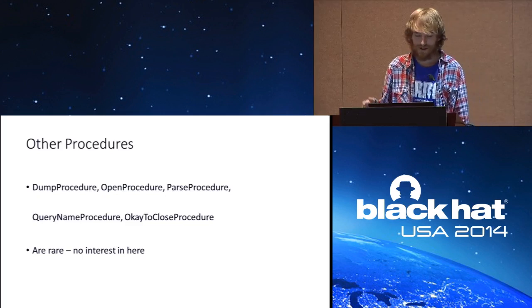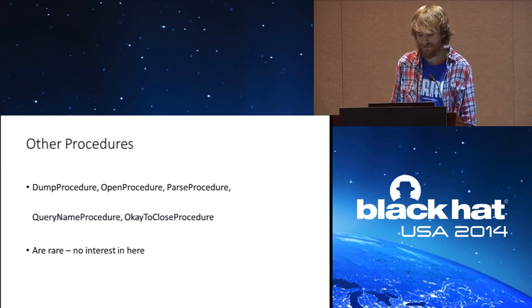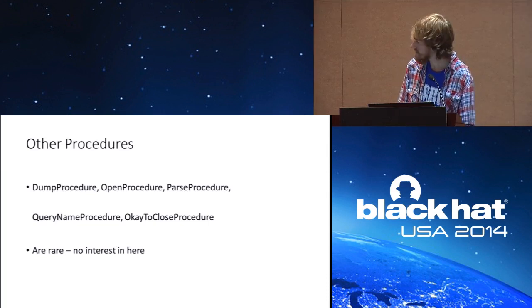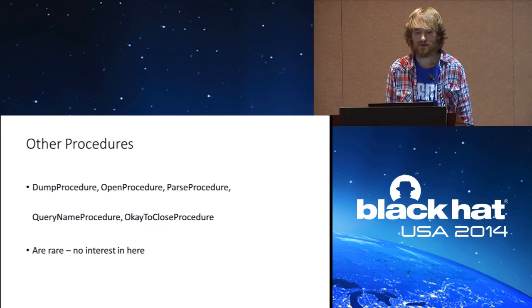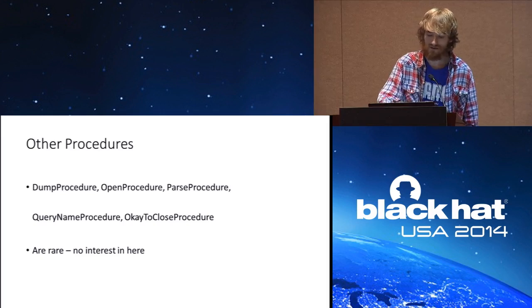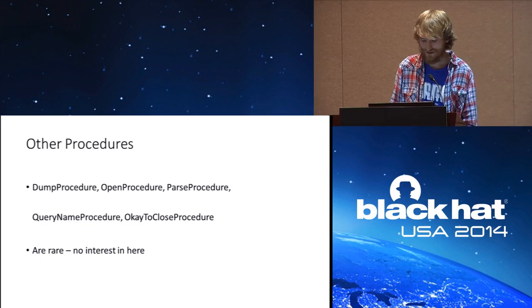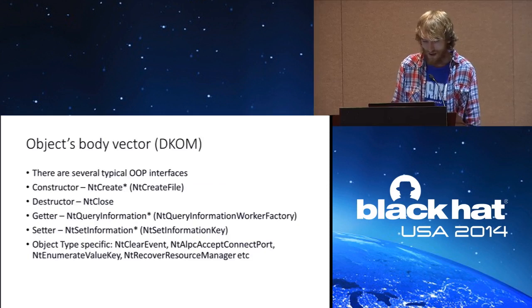Also there are 7 of them, plus close, secure, delete, and these 5, so 8 in the end. But unfortunately, not a lot of object types contain initialized function pointers like these, so there is not a lot of interest in here.